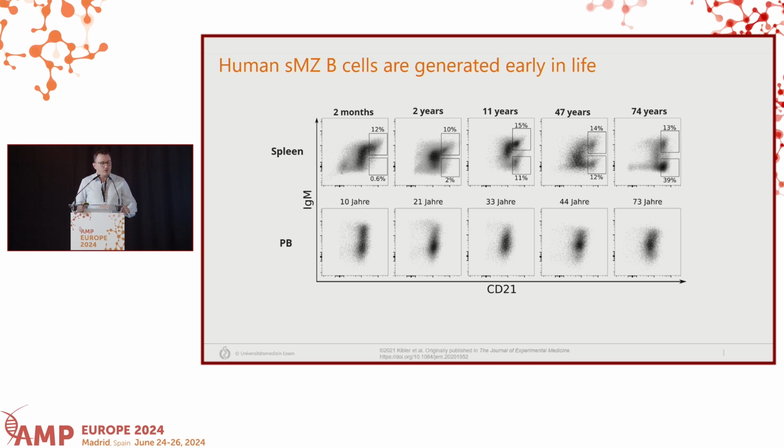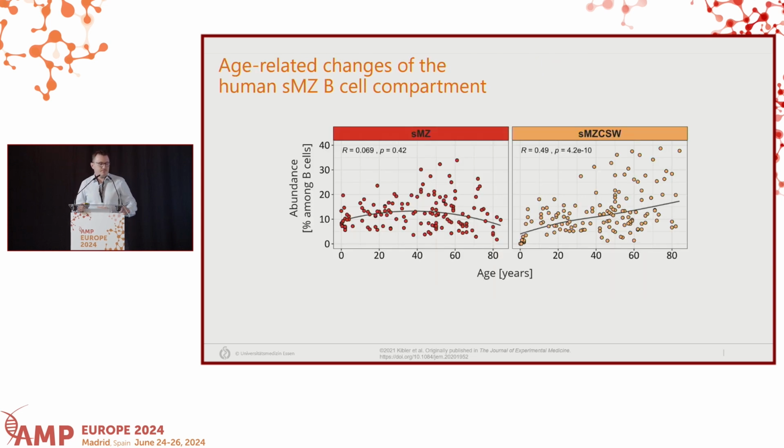However, in the very old individual that you can see here on the far right, in the 74-year-old, the class-switched marginal zone B cells dominate the splenic B cell pool. Here we quantified the abundance of these 2 marginal zone B cell subsets in all our 150 individuals.